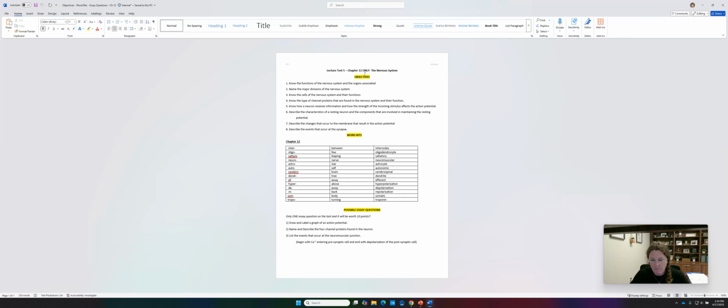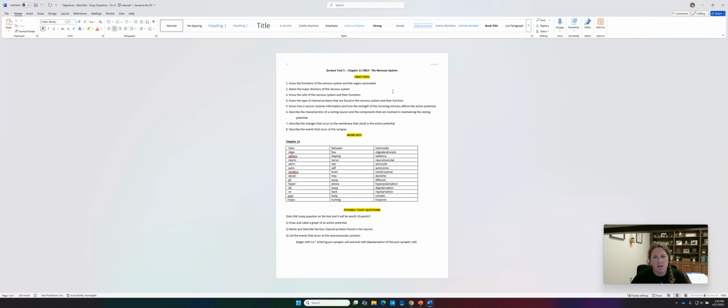Chapters 10 and 11 are actually chapters over muscles, and in order to understand muscle contraction, we have to understand how the nerves work, how the nerves can tell the muscles to contract. That's why we're going to be covering Chapter 12 before we cover the muscular system.